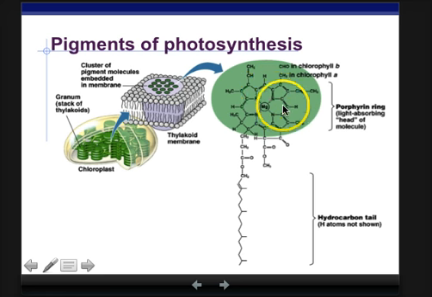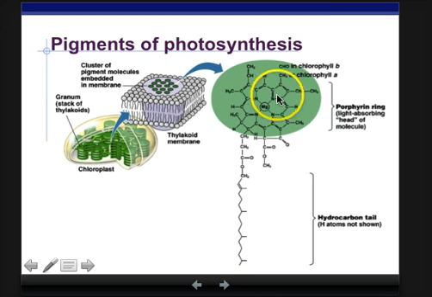It has a porphyrin ring, the part that does the light, and then it has a hydrocarbon tail. These lines represent each of the carbons, and you would have a hydrogen all along there. They just didn't put all those hydrogens in.